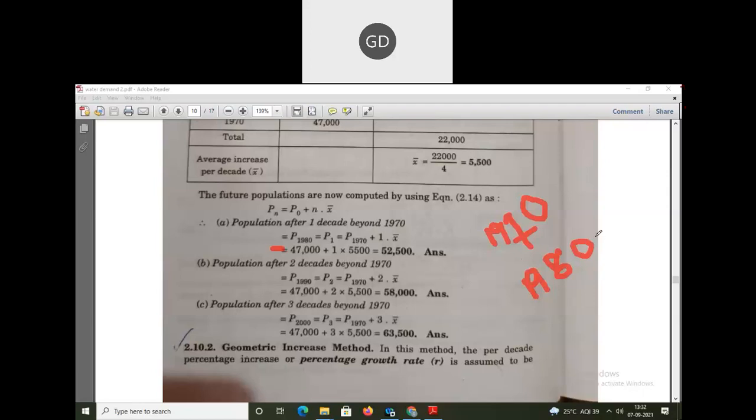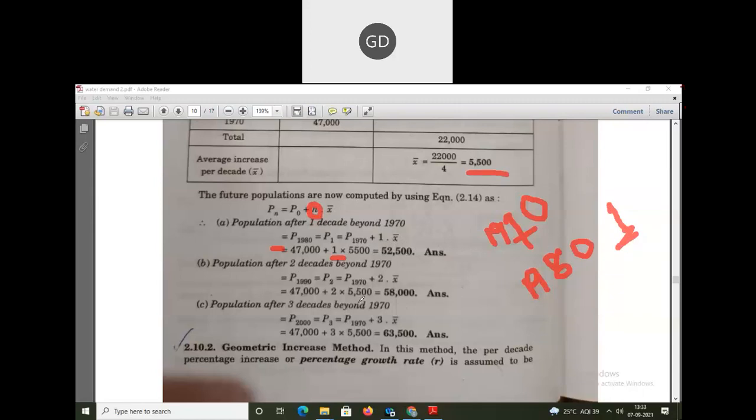Since here we are dealing with the number of decades, it will be 1, multiplied by the X bar we got, which is 5,500. After getting all these things, you just do this and you will get the answer.